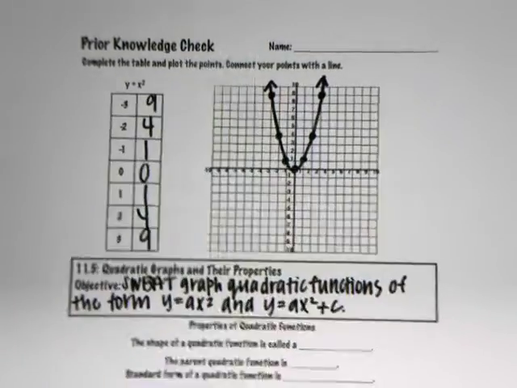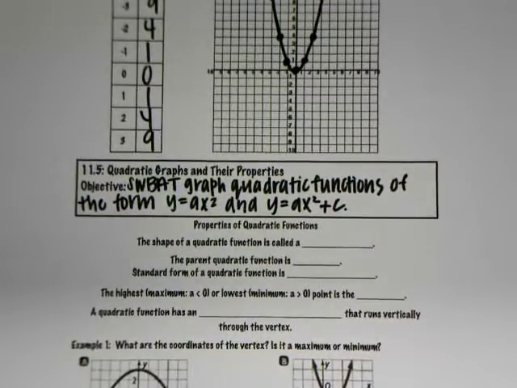The b is going to be non-existent today because all of the graphs that don't have the b are always going to be centered on the y-axis. As soon as you add the b in and have all three terms, that's when your graph can move anywhere. That's going to be a whole lesson to learn where to find it.